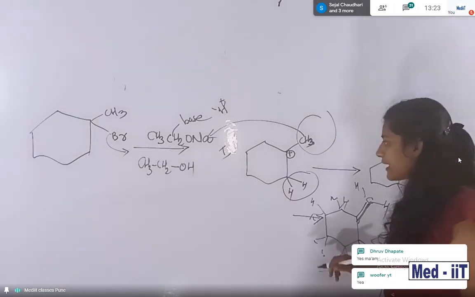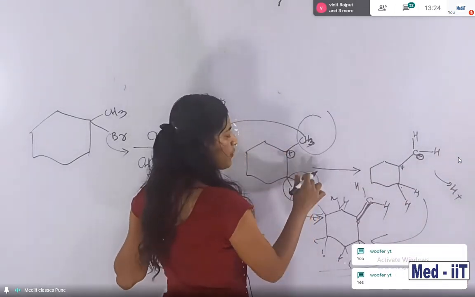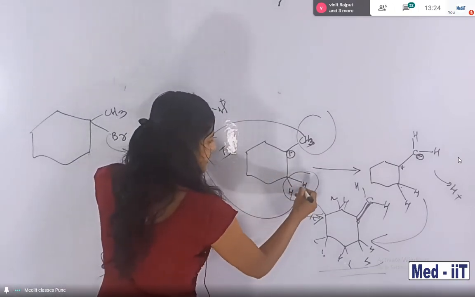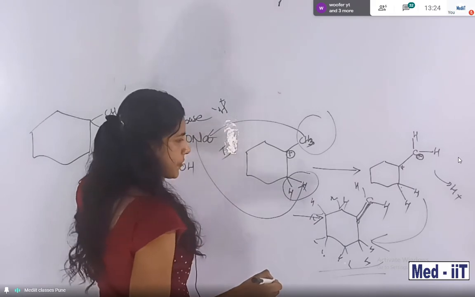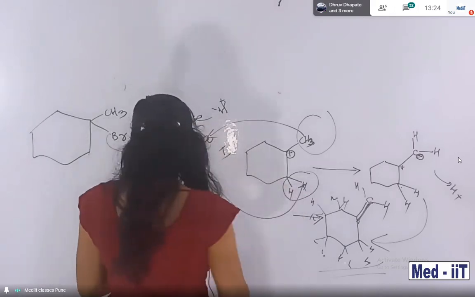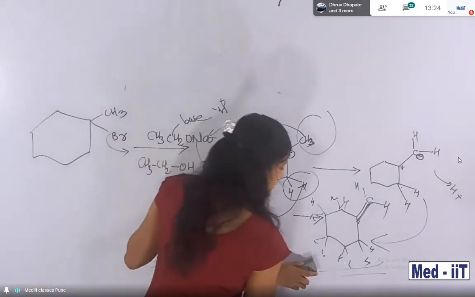Then what about the second possibility, students? Here we can eliminate one proton. This proton is abstracted by this base. The base has a tendency to abstract a proton. So the base can abstract this proton, and then what happened? This is one product.